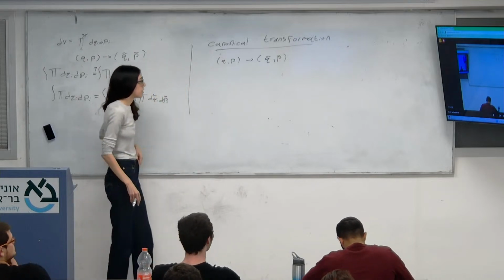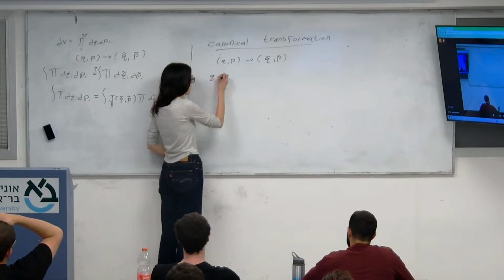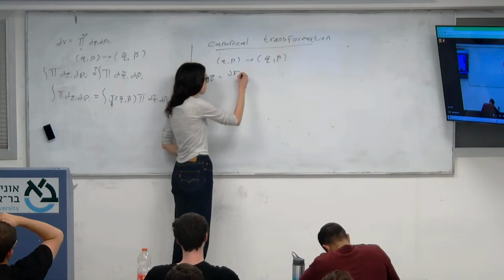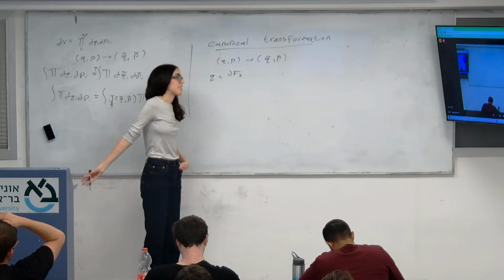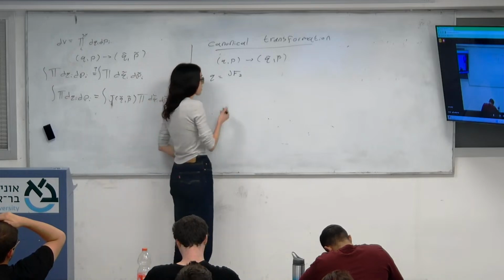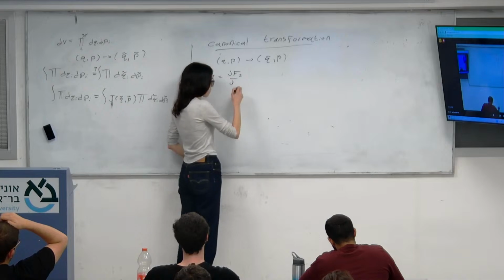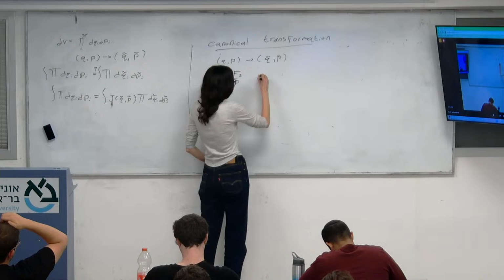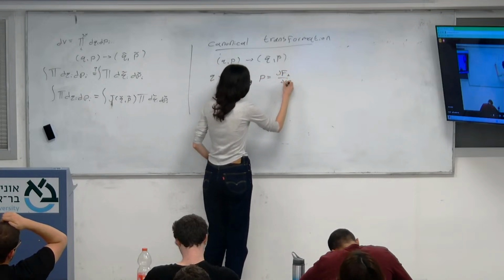A canonical transformation means that I can write Q as a derivative of a function that I call f2. If you want to know why I call it f2, you can go ahead and read, but for now it's just a function. So the derivative of f2 with p, and p is the derivative with q.